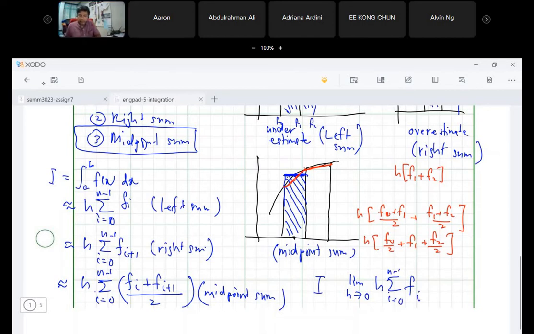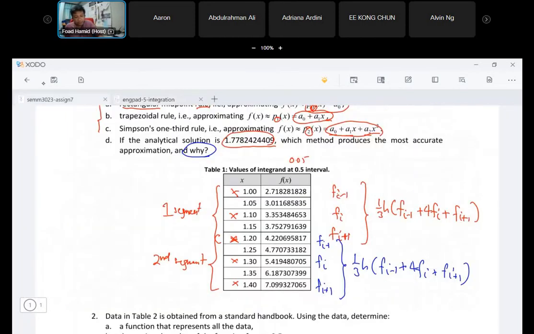Note that the smaller the h, we can get a better result. And there are two methods of improving the approximation.